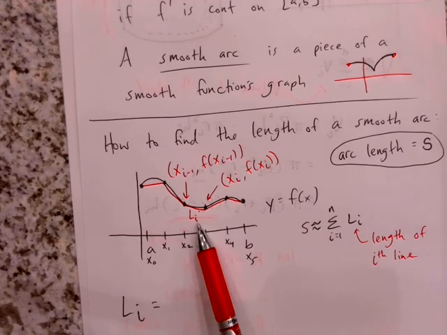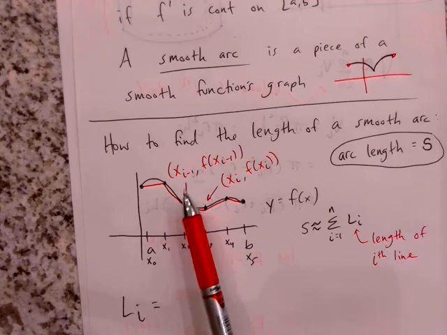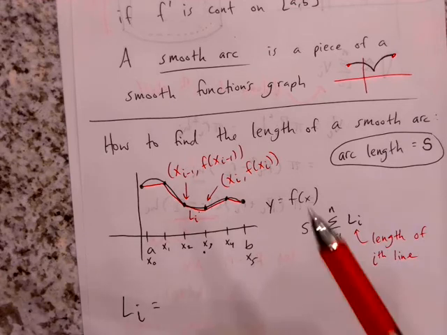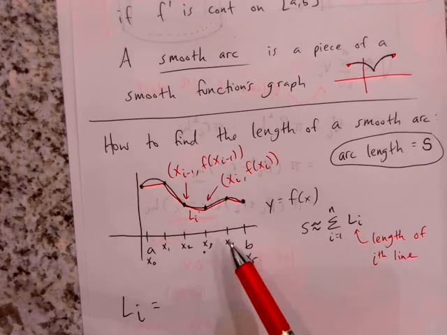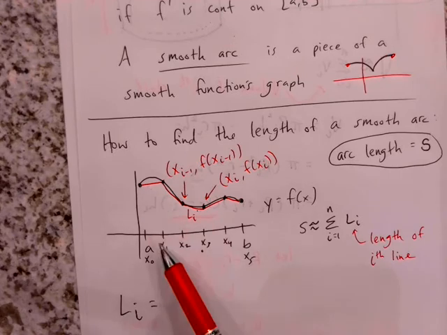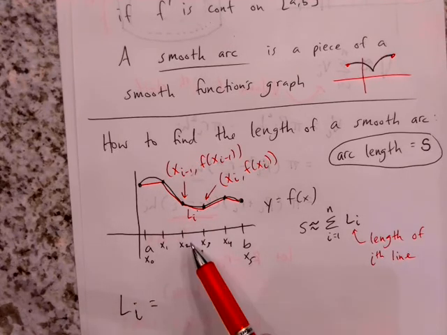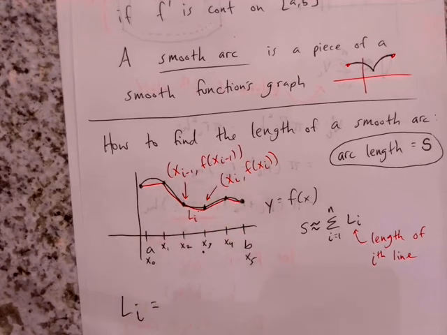In general, the ith line segment will go from the (i minus 1)th to the ith x value. The fifth one, for example, went from 4 to 5. The first goes from 0 to 1. So the ith goes from i minus 1 to i.